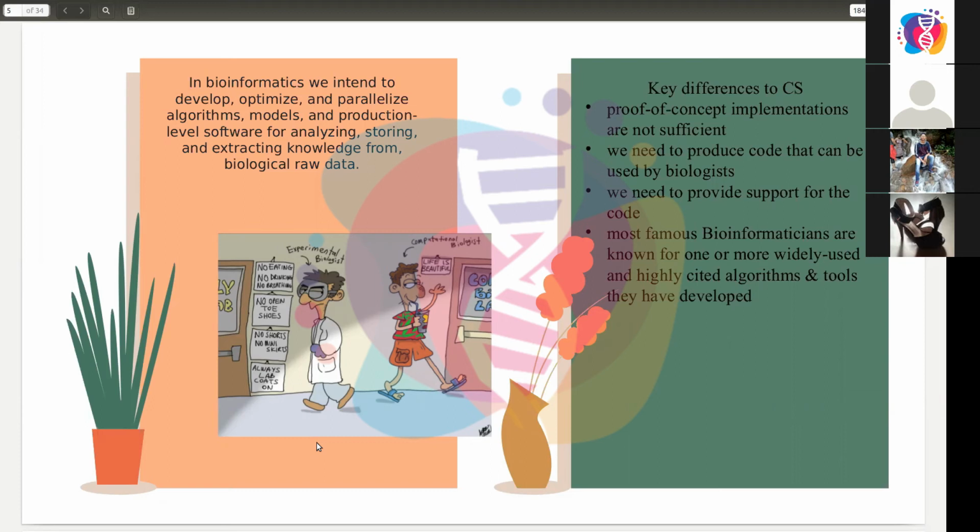So you have to perform all the simulations and analysis and do all the implementations instead of just providing a proof of concept. Apart from that, you need to develop an algorithm or software which has a very simple GUI and simple functioning for anybody who is not technologically friendly to use. We also provide support for the code.